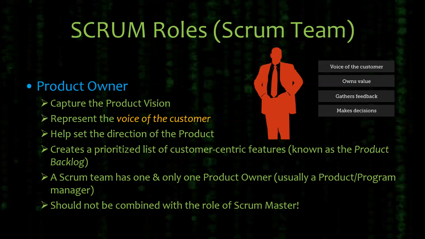So in Scrum, you say, okay, look here, we don't want multiple people. Now the product owner is usually, in a company, somebody who's internal, right?